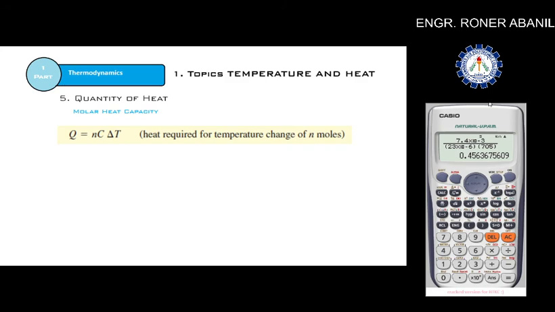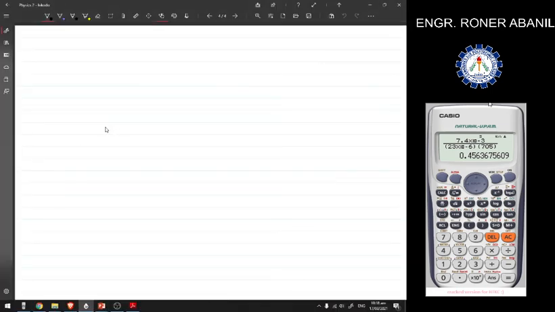So, for example, the molar mass of water is 18 gram per mole.